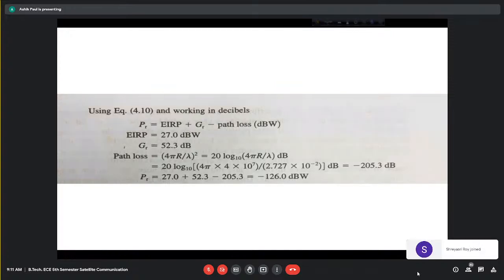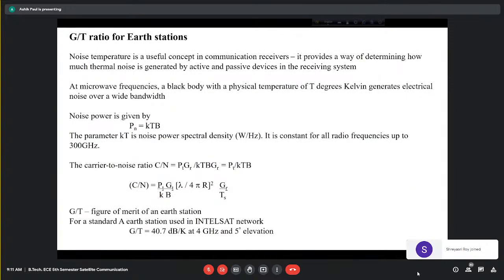So moving ahead with the calculation of how to set up a radio link and how to quantify the quality of that particular radio link, because simply saying that a link is good or bad is subjective. It imparts different information to different people.